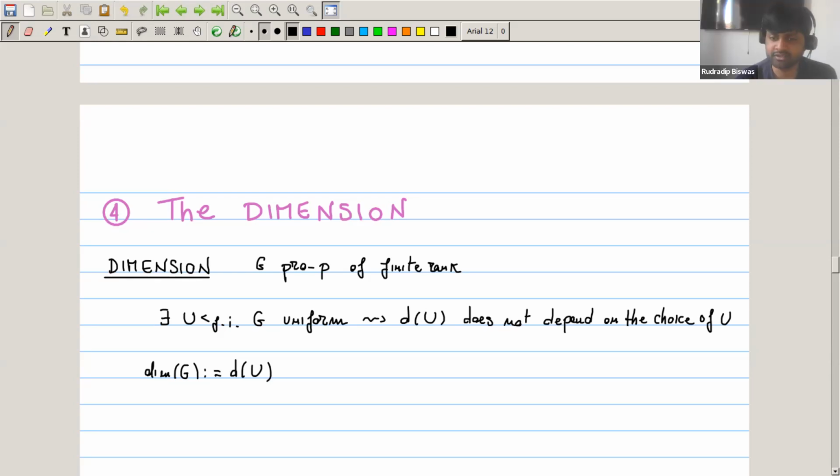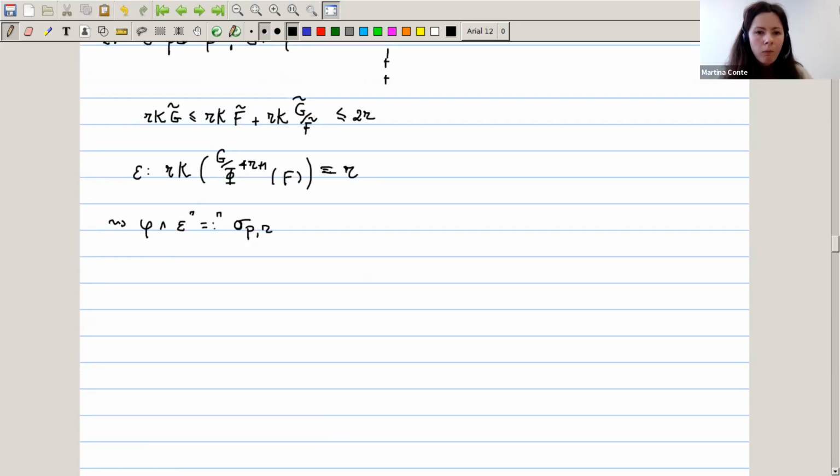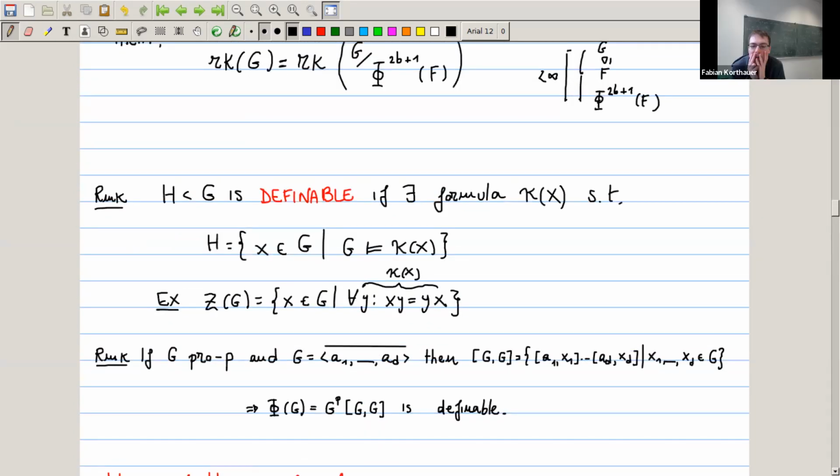Thank you, Fabian. Maybe if you allow me a second question. Yes, please go ahead. Can you go to the place where you gave us the definability of the Frattini subgroup? There was something that I didn't understand. Did I get this correctly, that the commutator subgroup here is definable? Yes, exactly. This is the point: for finitely generated pro-p groups, there is a result on the width of the commutator subgroup.